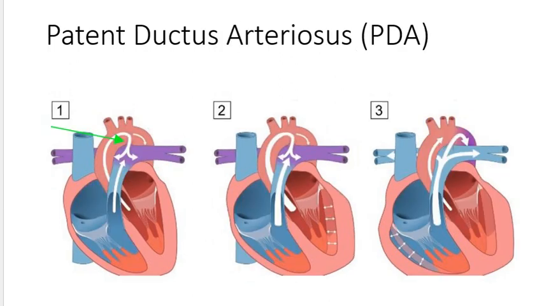Patent ductus arteriosus. Remember when we talked about the ductus arteriosus, that it is a small connection, a shunt between the aorta and the pulmonary arteries. Normally, this is open during fetal life because the fetus needs it for its circulation.